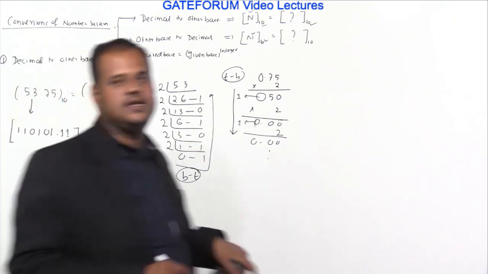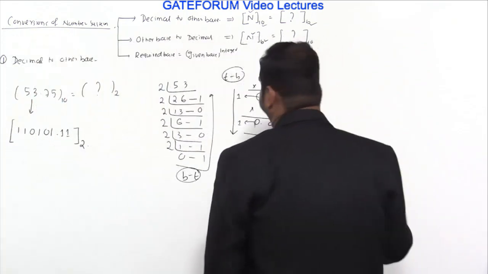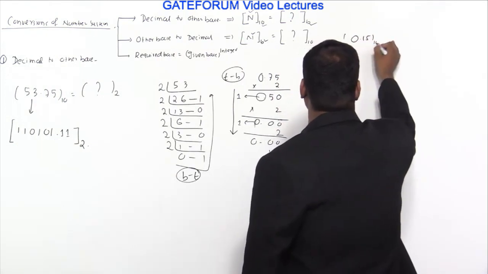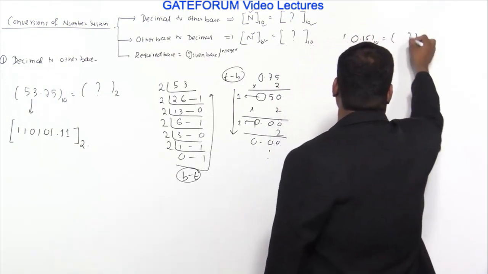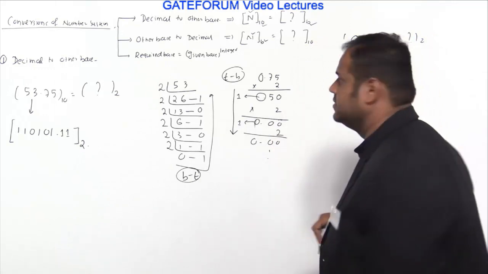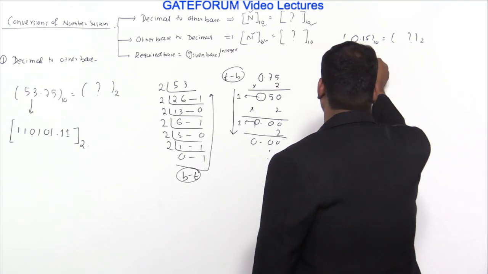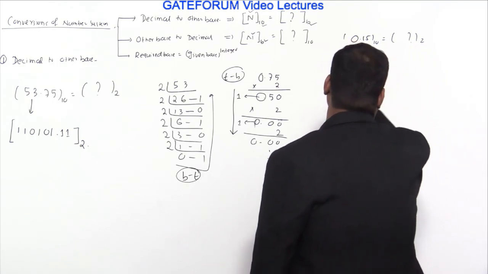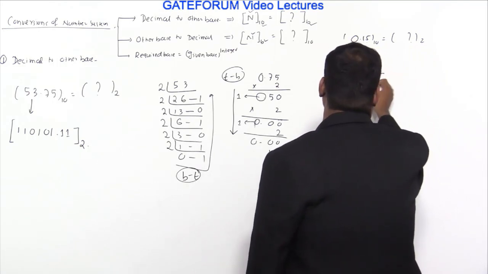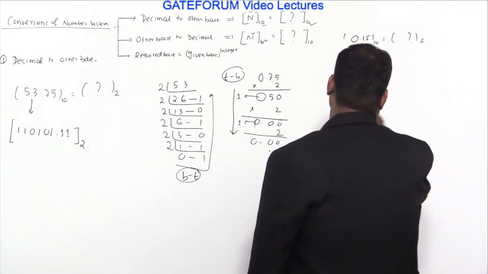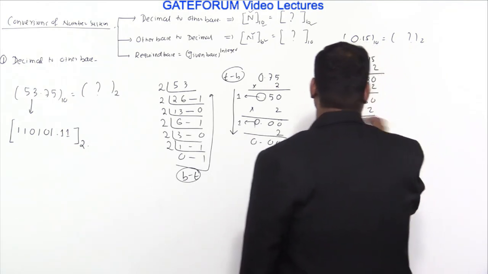Now one more example I am asking you. Suppose it is given 0.15, this is in base 10. I need the binary equivalent of this. How do I do this? The integer part is 0, so I have to deal only with the fractional part. 0.15 into 2 is 0.30, into 2 is 0.60, into 2 is 1.20.